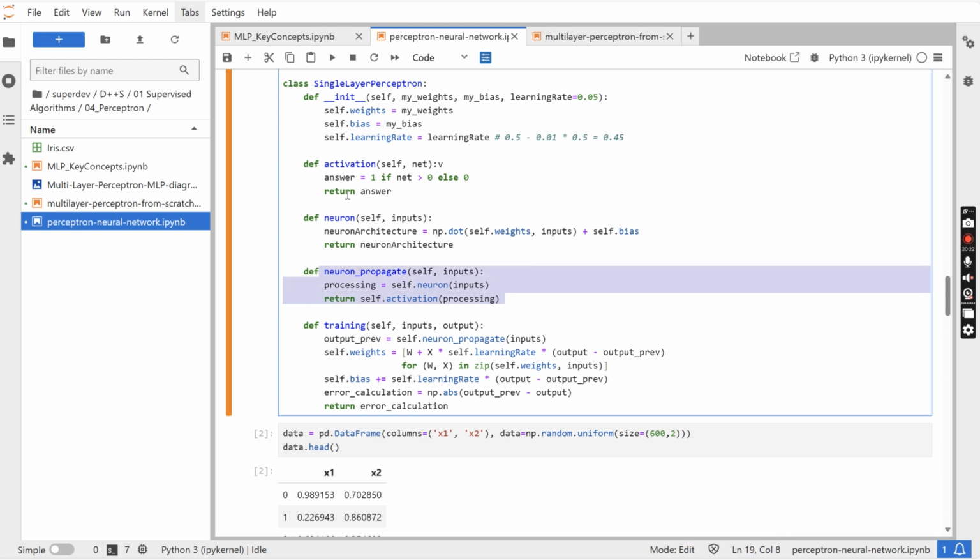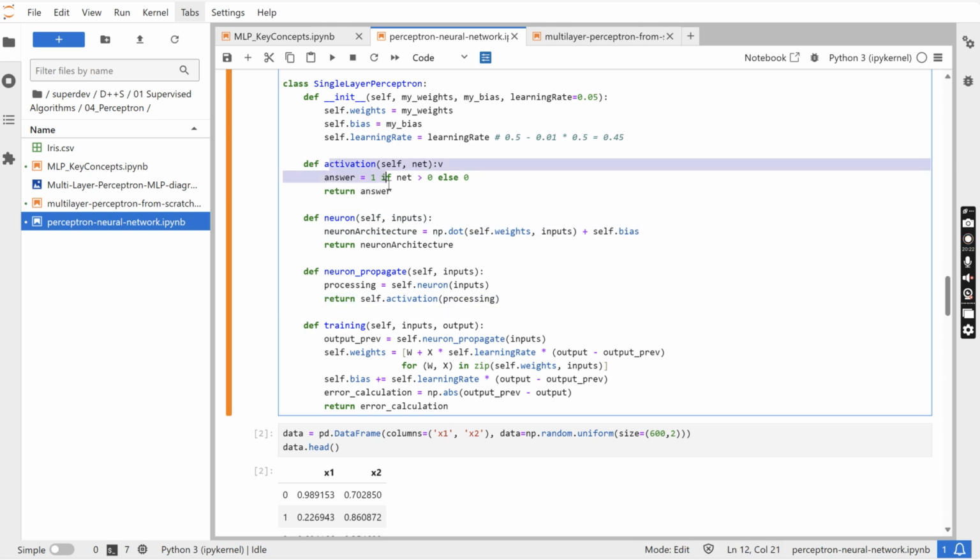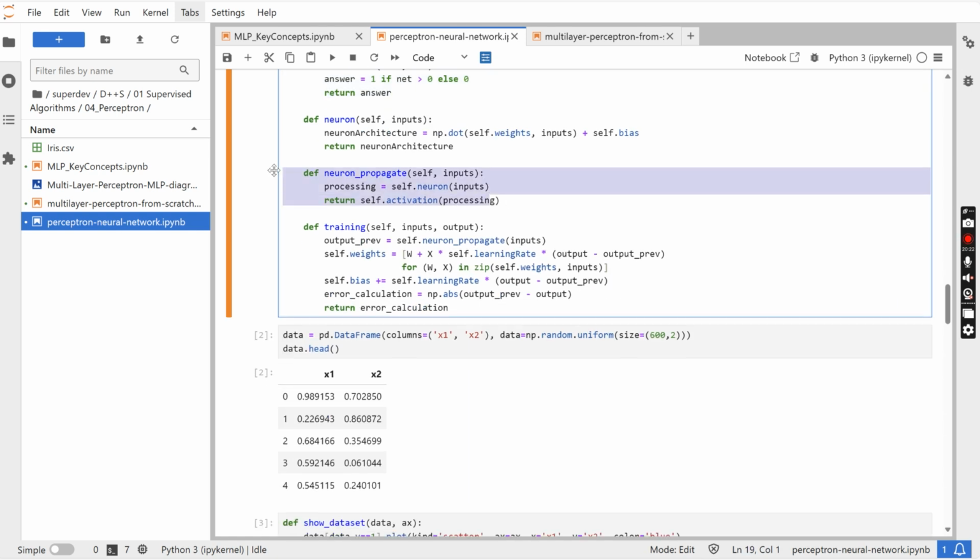Here we are not seeing back propagation, I will talk about that later, but here you can see simple forward propagation. Propagation means you just process the inputs through this architecture and return the activation, the final end result of that processing. This is called forward propagation. There is no backward propagation given here.